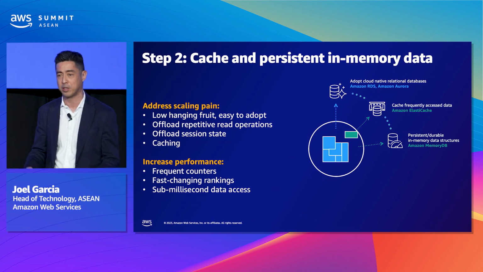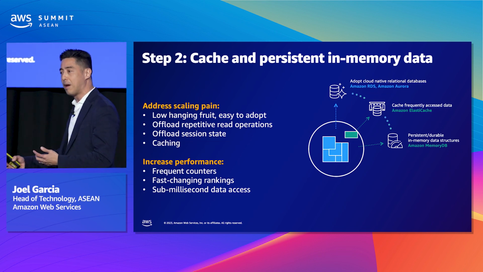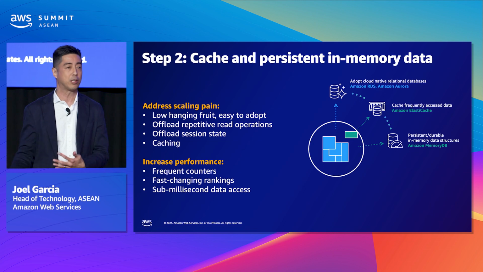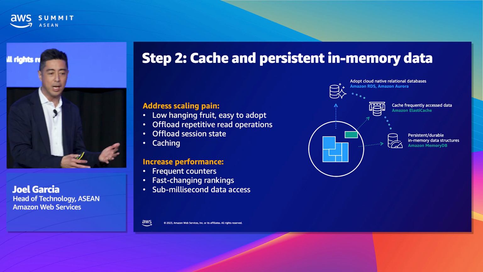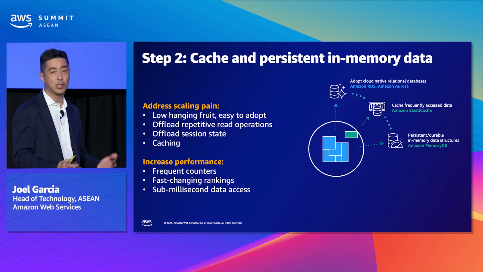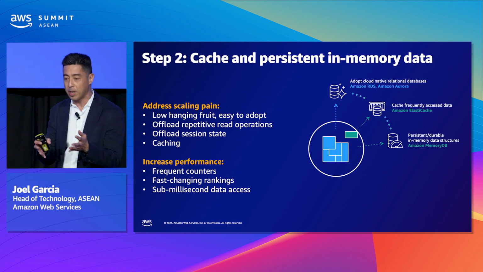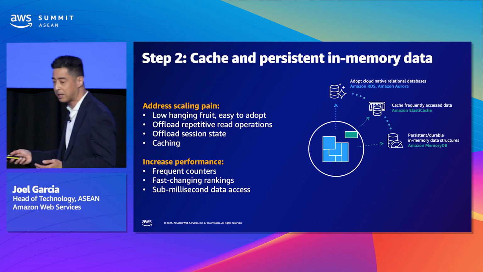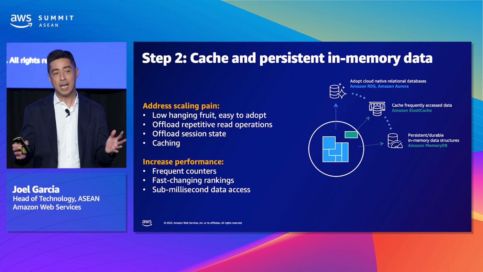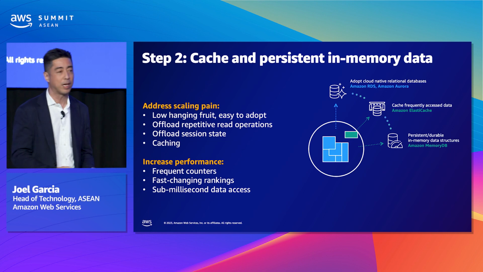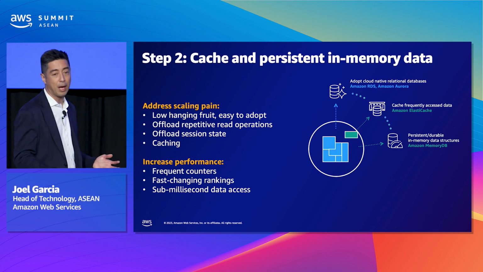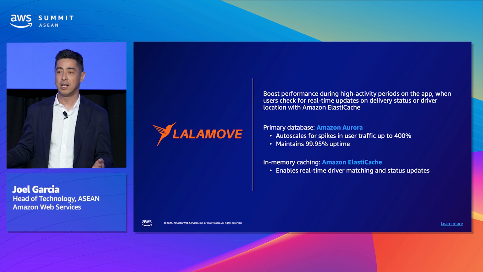It's the same pattern for putting a cache in front of a relational database. We offload the relational database and cache a lot of that information to deliver sub-millisecond database access, right? And we have, again, multiple offerings in that area. We've got Amazon ElastiCache, and we have Amazon MemoryDB.